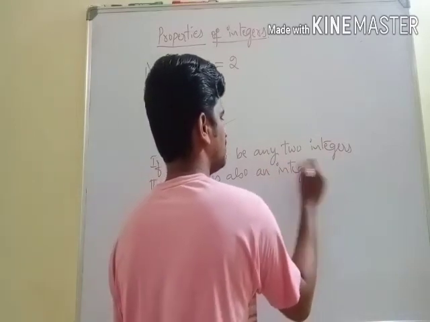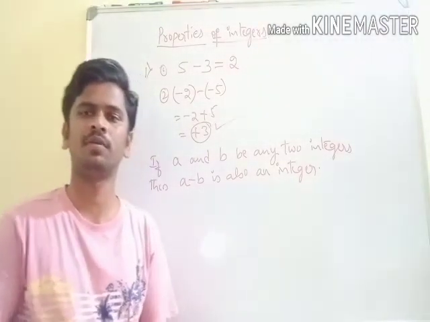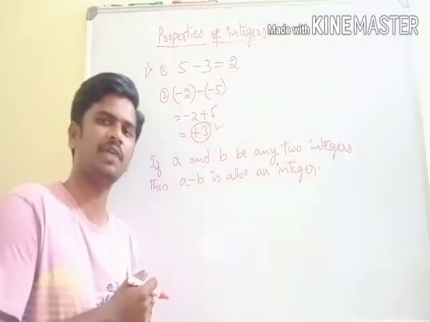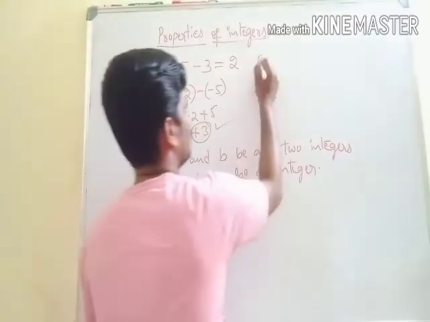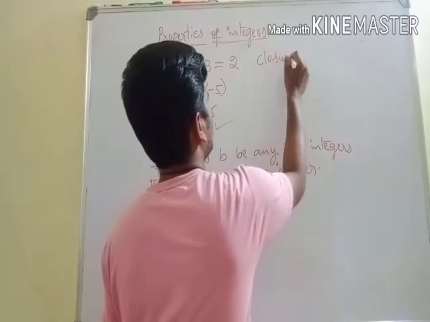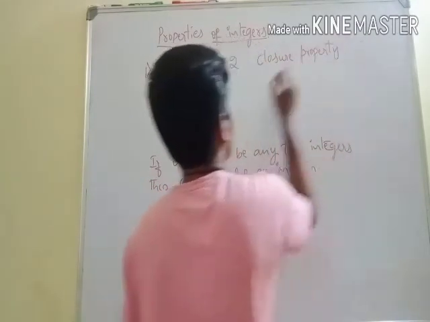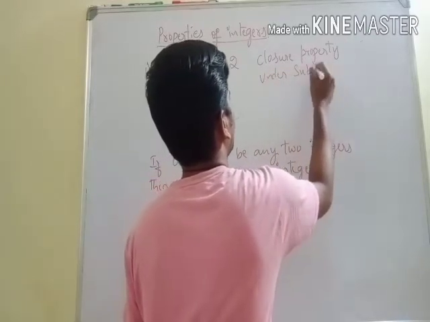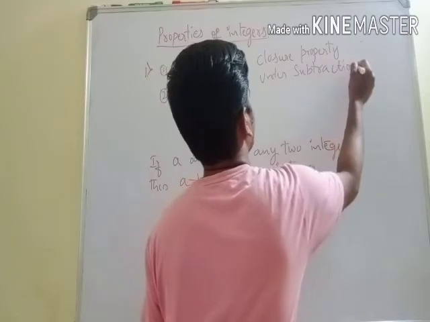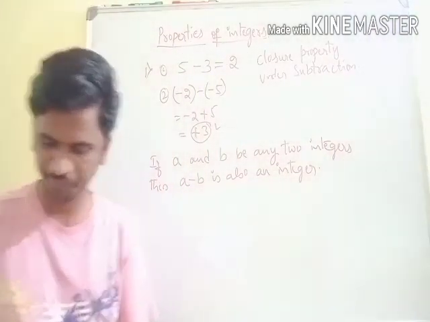It means this property is closure property with respect to subtraction. The previous one was under addition, and this is under subtraction. This property is nothing but closure property under subtraction.